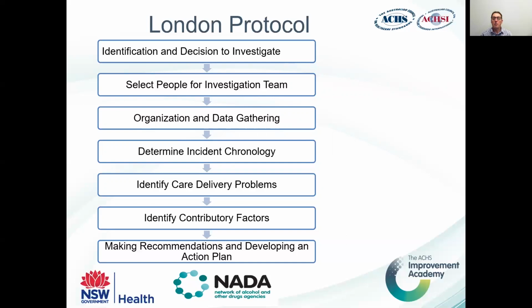It's a combination of people who have expertise in the particular service type where the incident occurred, and also people who have investigation skills, on how to do these sorts of investigations. So the team gets pulled together.